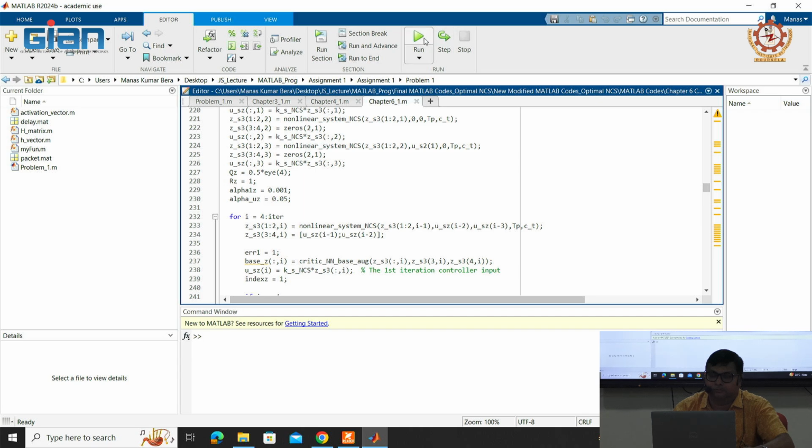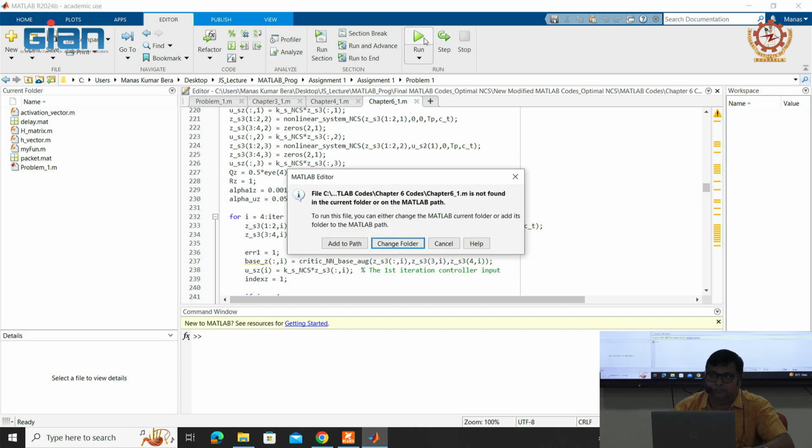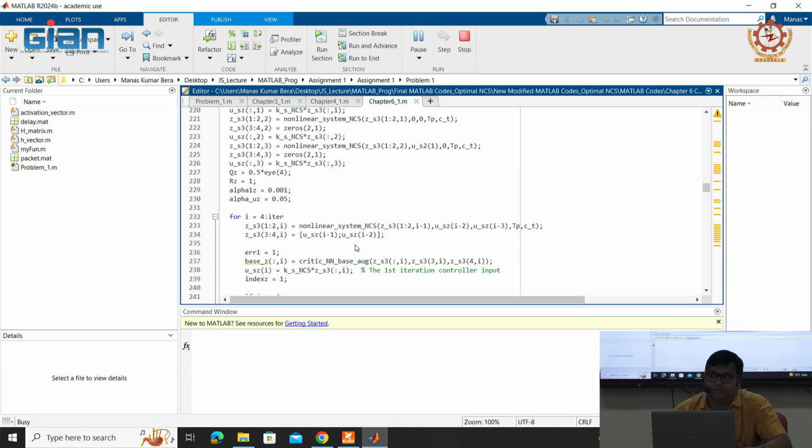Even though the G matrix is different, it shouldn't affect here. Okay, they can try. Do you know why the G dimension shouldn't be a major issue? G is related to the input U. How does the G appear?